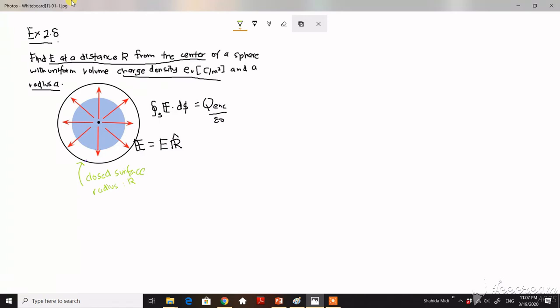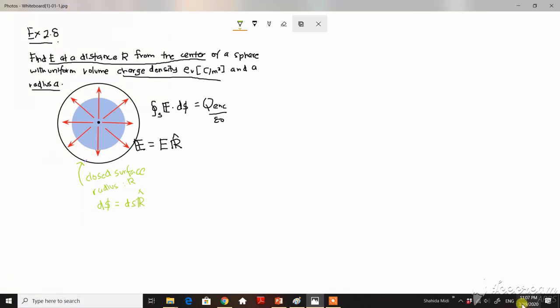So the vector dS we can rewrite as dS in the r direction. We are going to use this information to solve the dot product on the left hand side of Gauss's law.